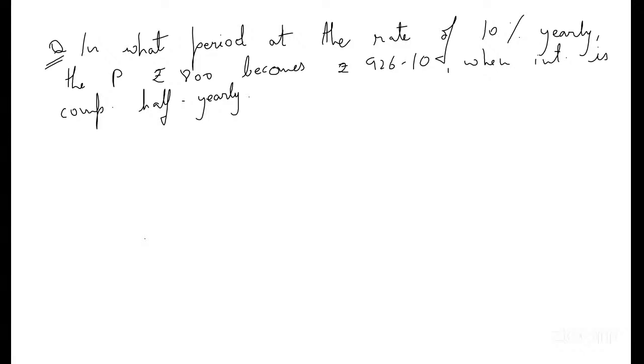Now we have amount 926.10. Principal 800, rate is 10, which becomes 5 because it's half yearly. So put the formula A equals P (1 plus R by 2 by 100) raised to the power n, because we don't know the n.